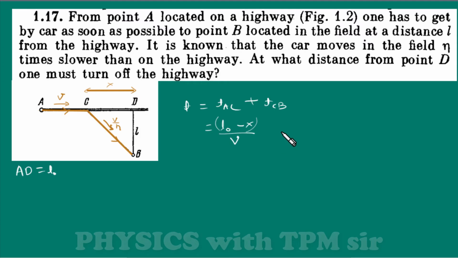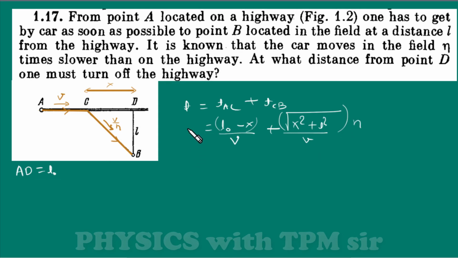So time TAC will be (L naught minus x) by v plus time BC. Distance traveled will be x square plus L square, so square root of (x square plus L square), divided by the speed, which is v by n.